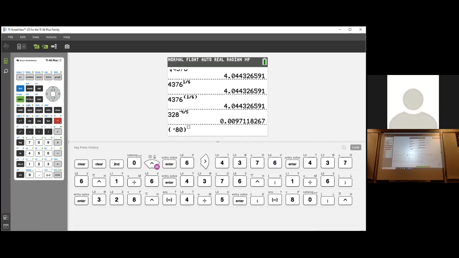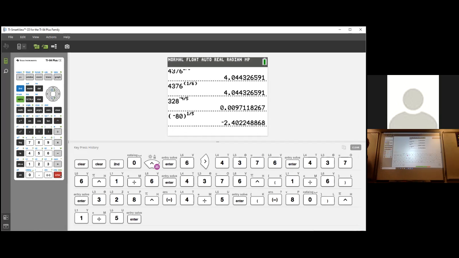Now, it might have come out correct if we didn't, but what you have to be really careful of is I am taking the fifth root of negative 80. If I don't put it in parentheses, the calculator says, what's the fifth root of 80? And let's do the opposite. In this case, it would have worked. But if you're dealing with a negative number, it's always a good idea to group it. And then you say, okay, 1/5 power. Looks like we came out with 2.40 for an answer, negative 2.40.